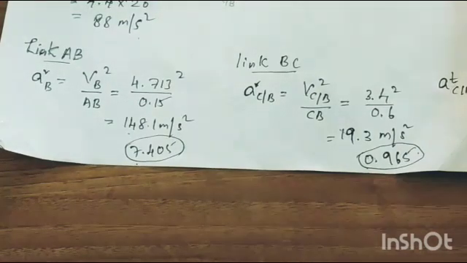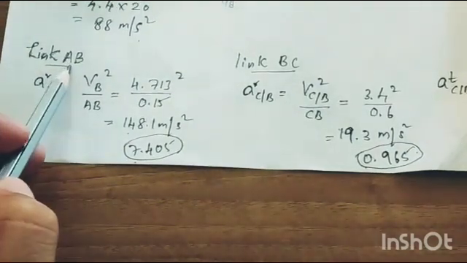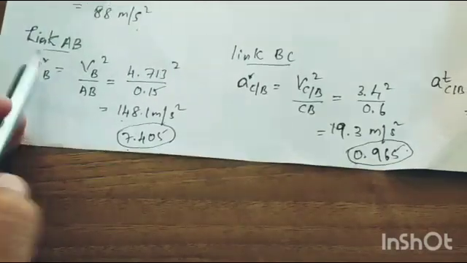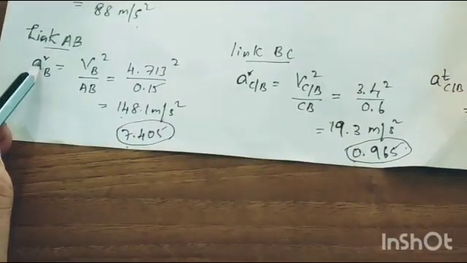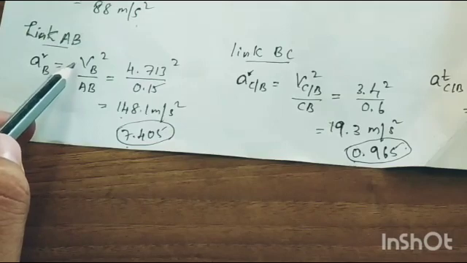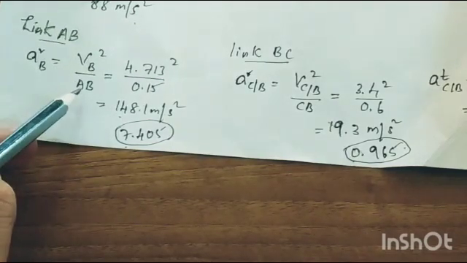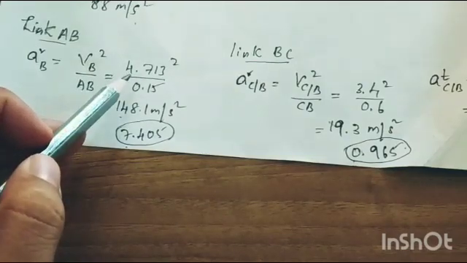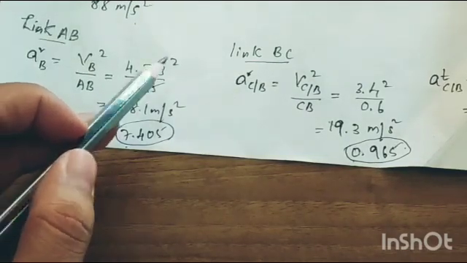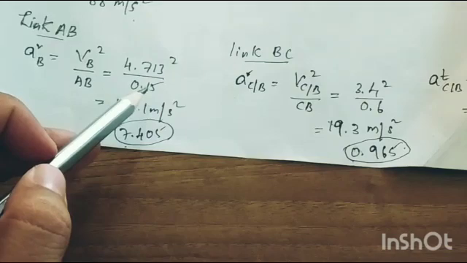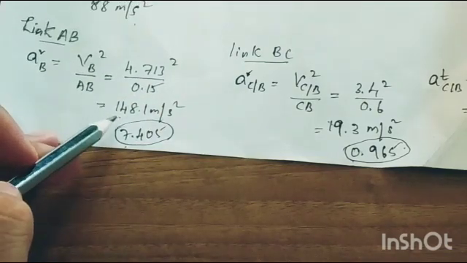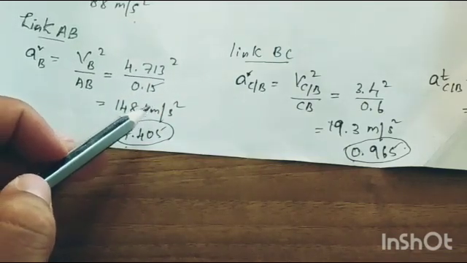First of all we'll see link AB, which is a crank. What is the radial component? A^r_BA is nothing but velocity of that link squared divided by the link length. Velocity we already got, 4.713 squared, divided by the link length 0.15. So we got the value 148.1 meter per second squared.